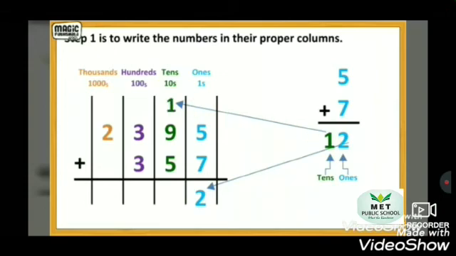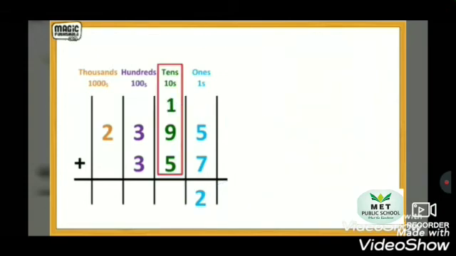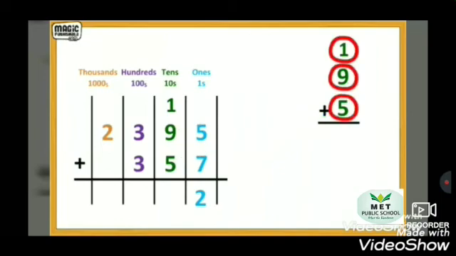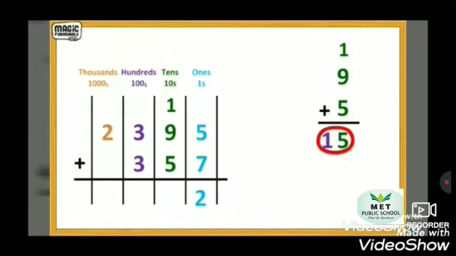Then we have to add the tens column, which is 1 plus 9 plus 5. 1 plus 9 plus 5 is equal to 15. Which now means 5 in the tens column and 1 carried over to the hundreds place.